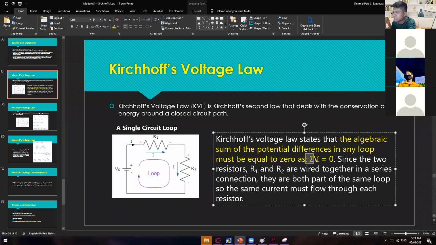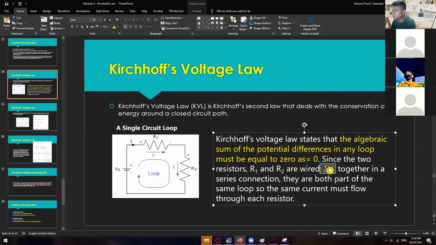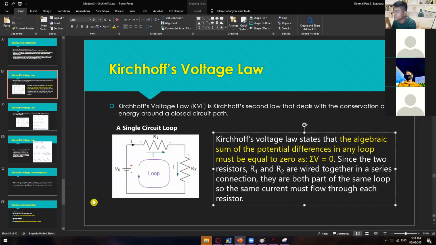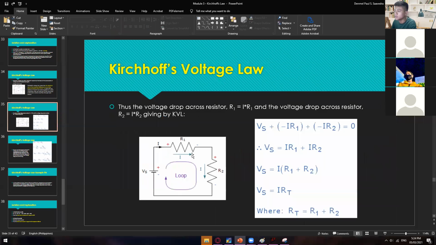Or simply, the summation of voltage is equal to 0. And here's the equation that you will get from this loop: Vs minus I1 times R1 minus I2 times R2. Wherein Vs is equal to I times R1 plus I times R2.